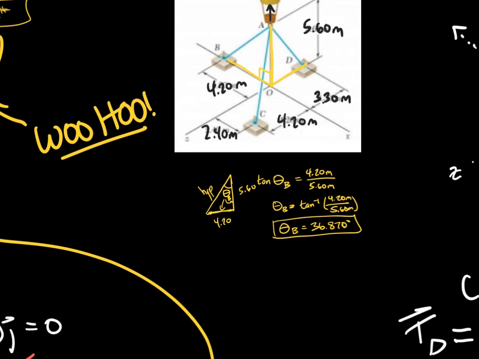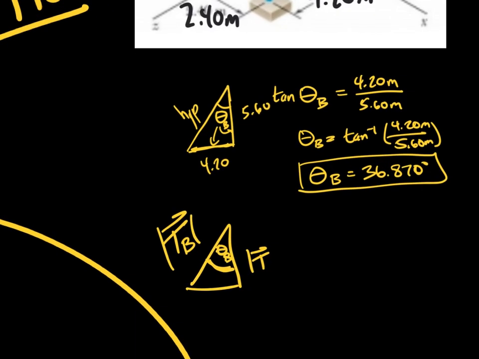So if I do my force triangle with theta B, and this is tension B, that's the magnitude of that. I'm not going to keep redoing these trigs, but I do recommend you make sure this all makes sense to you. So this is going to be TB.